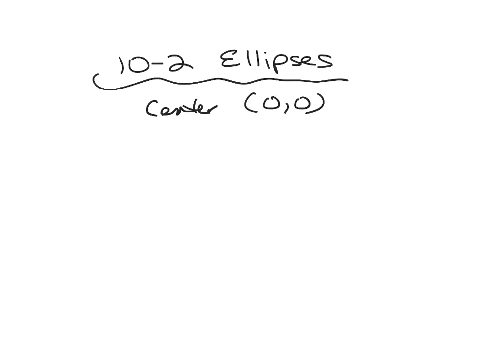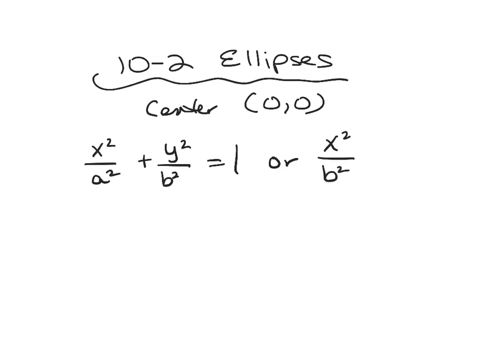So for the equations when the center is at the origin, we're going to have either x squared over a squared plus y squared over b squared equals 1, or you could have x squared over b squared plus y squared over a squared equals 1.